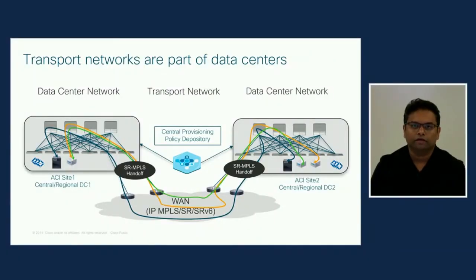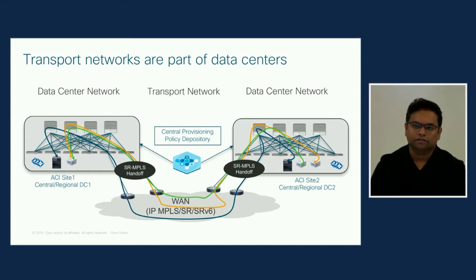So let's look at why we need cross-domain orchestration across the data center and transport domains. Let us look at it from the data center perspective. Your data centers have to cater to thousands of applications and millions of users. As your data centers scale, the number of servers in your data center is increasing exponentially, and they can no longer fit into one rack or one floor or even one geographical location.